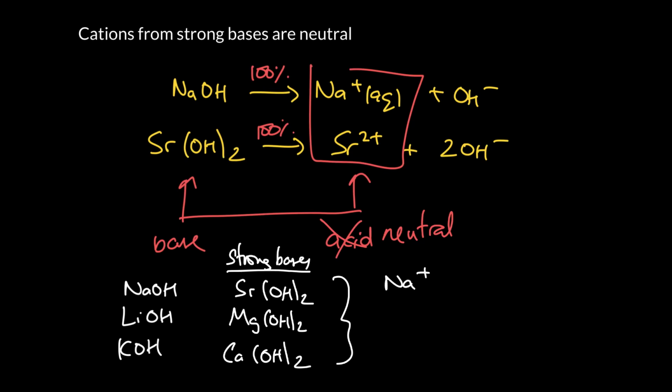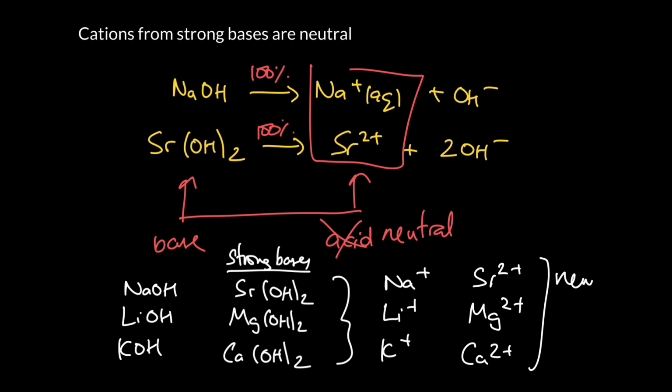So the sodium ion, the lithium, the potassium ion, they're all going to be neutral. The strontium, magnesium, calcium ions, these are all dipositive, and these are all going to be neutral. So whenever you see one of these cations, you know that it's not going to react with water, and it's not going to change the pH at all. So that's a lot to remember.